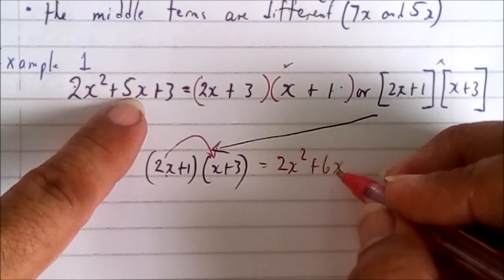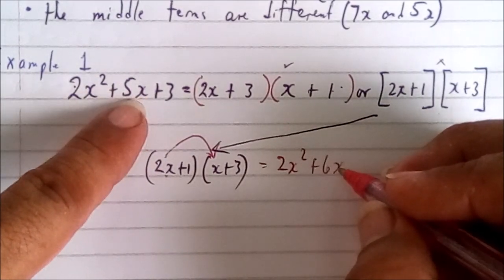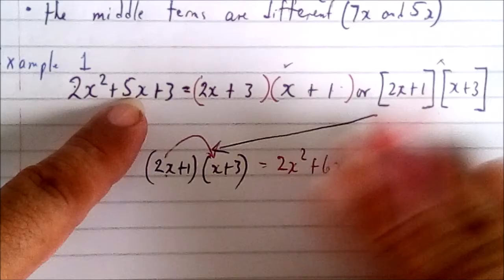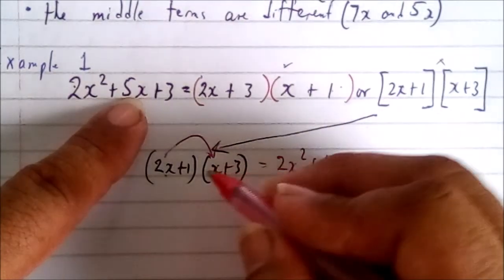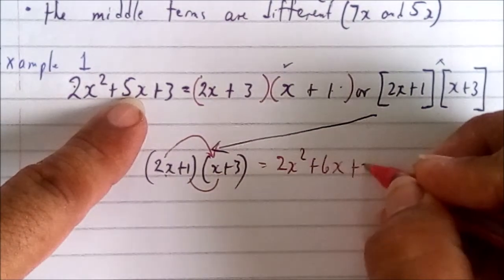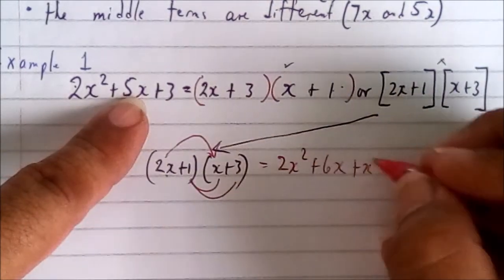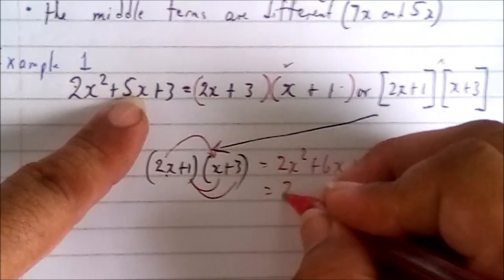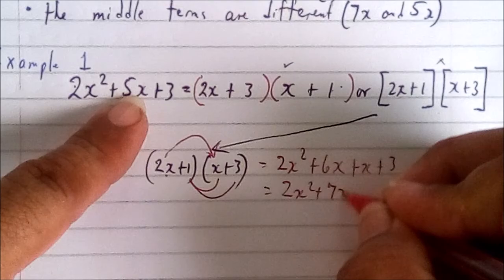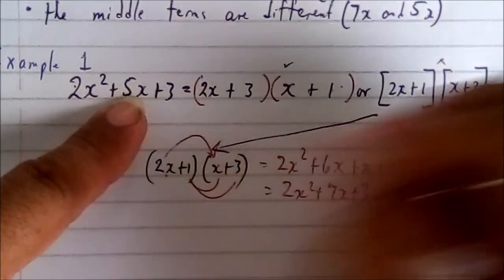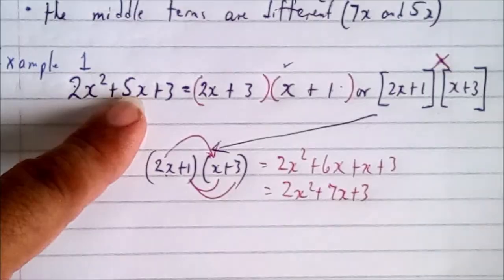That doesn't look good because we've already passed the 5x, so we could stop at that point. But nevertheless, let's see what this would give us. 1 times x gives us x, and 1 times 3 gives us 3, which would then be 2x squared plus 7x plus 3. So this combination is not the correct one.